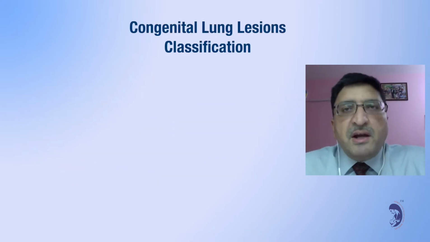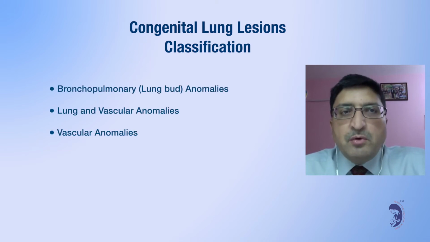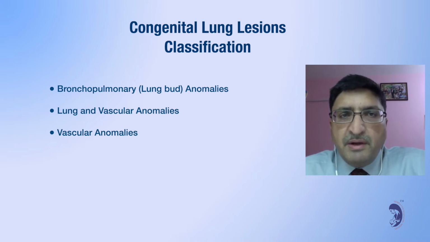So the congenital lung lesions can be classified broadly into three main parts. First is the bronchopulmonary or lung bud anomalies. The second is the lung and vascular anomalies. And the third is just the simple vascular anomalies. Now, most of the congenital lung lesions fall in the first part, that is the bronchopulmonary anomalies, and we'll be discussing that in detail.